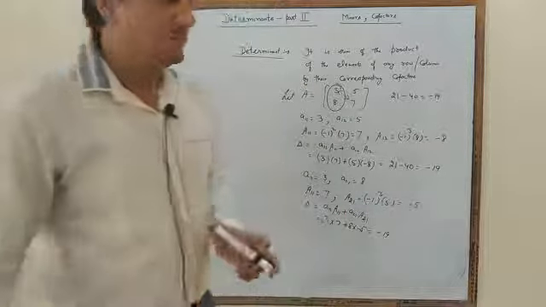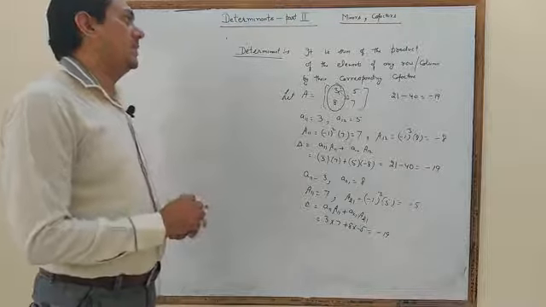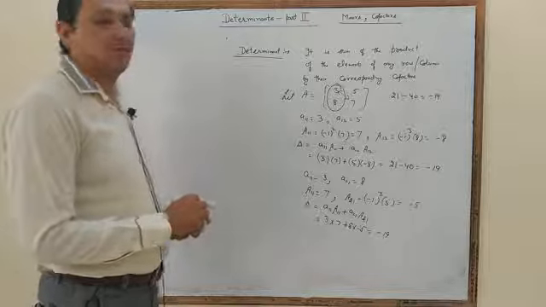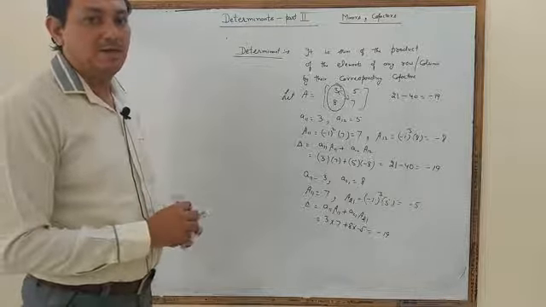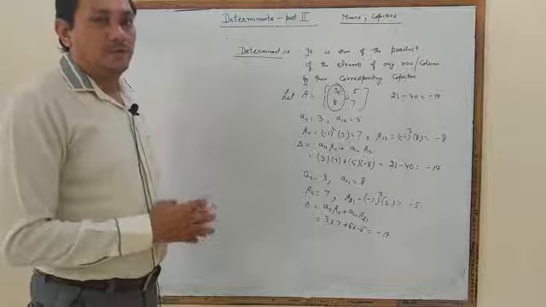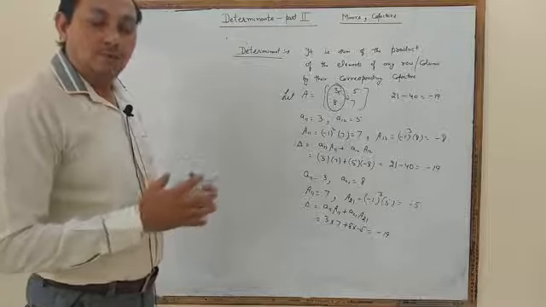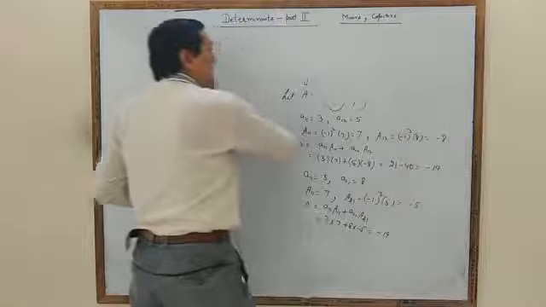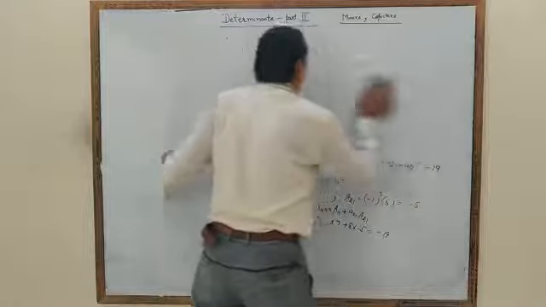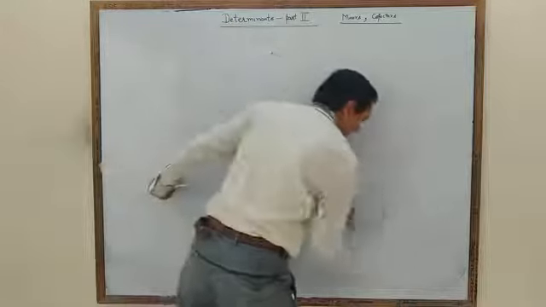So the determinant is the sum of the product of the elements of any row or column by their corresponding cofactors. We can apply it to any determinant whatsoever its order may be.